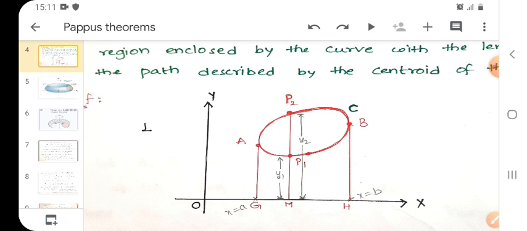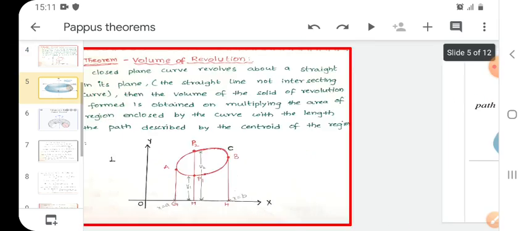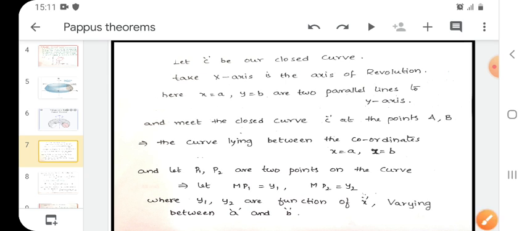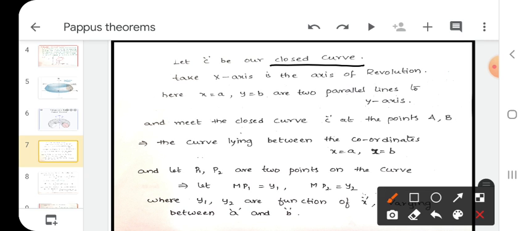See here, let C be our closed curve. Take the x-axis as the axis of revolution. From the data, the closed curve revolves about a straight line, and here we take that straight line as the x-axis.